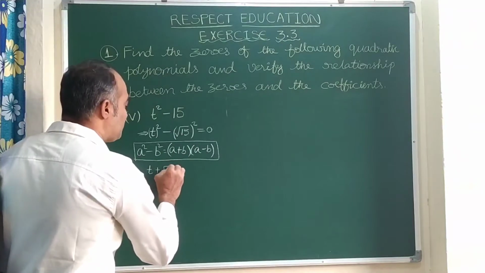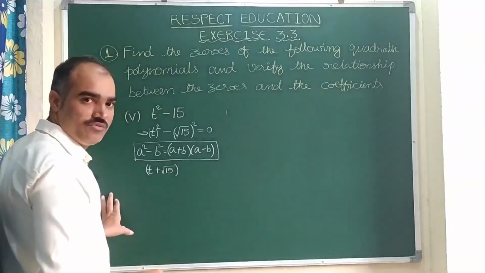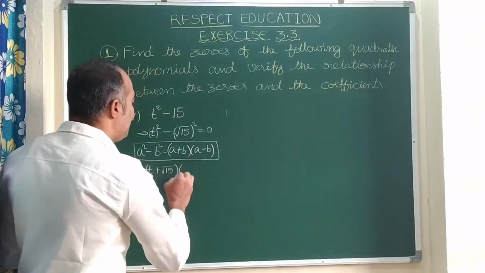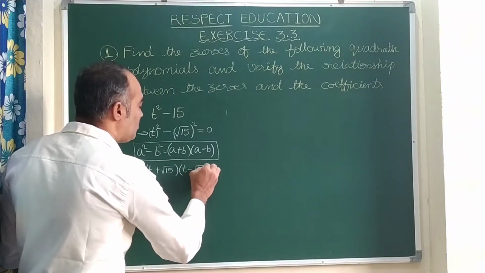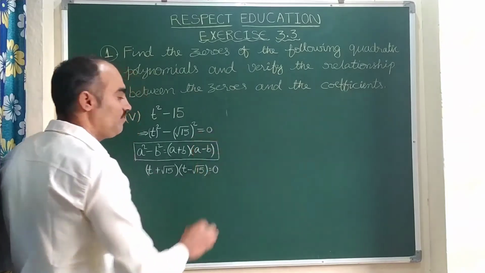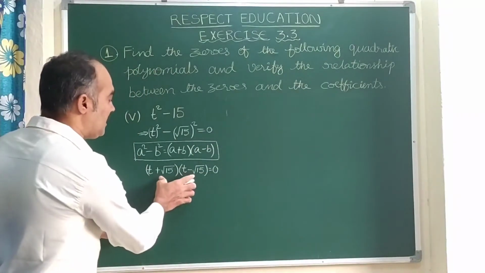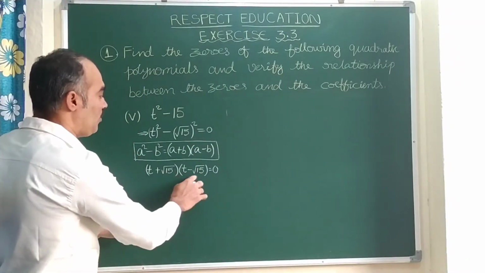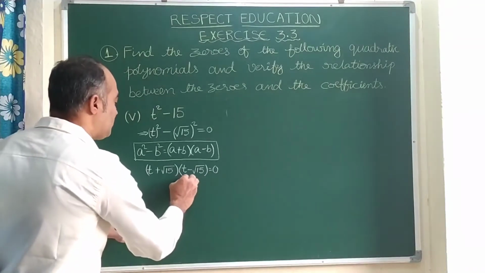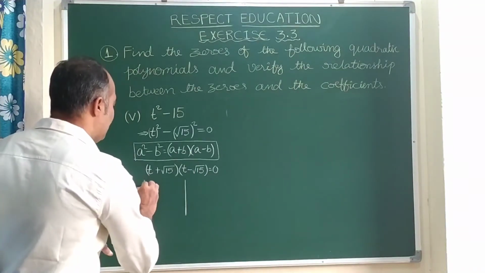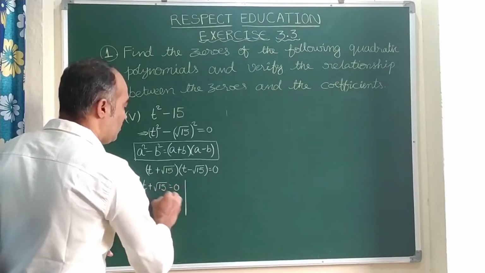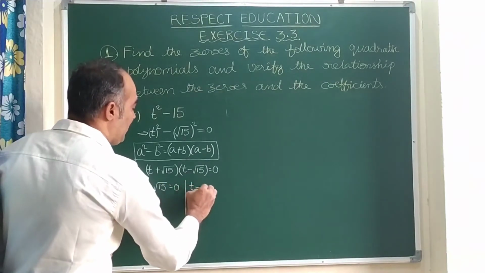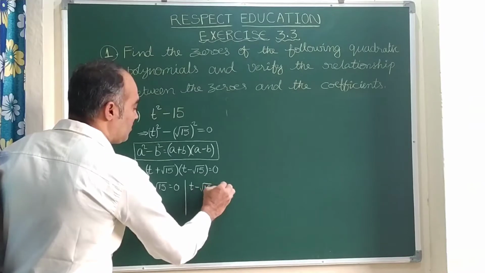So a plus b will be t plus root 15 into a minus b, a is t, minus b is minus root 15 equal to 0. Now again you see we got this step, product of two polynomials equal to 0. So it can be split into two parts. First one is either t plus root 15 equal to 0. Second one, or t minus root 15 equal to 0.